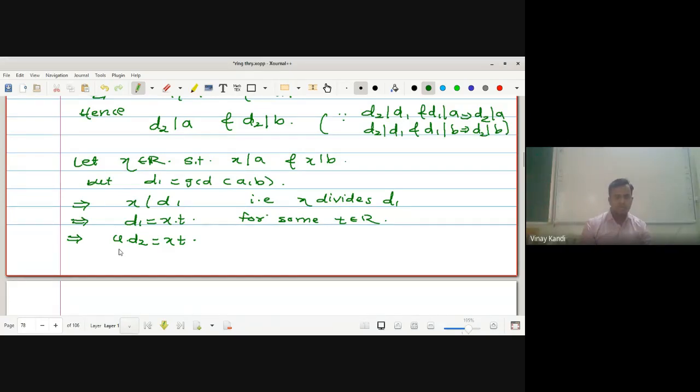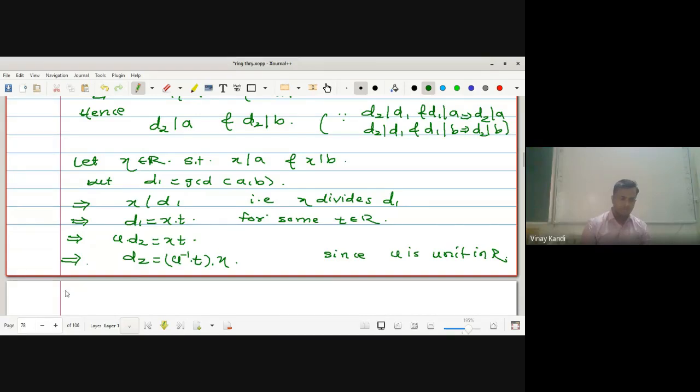Unit element means what? There exists an inverse of this element, which implies D2 is equal to U inverse into XT. Now R is a commutative ring, so here we can write TX, since U is a unit in R.